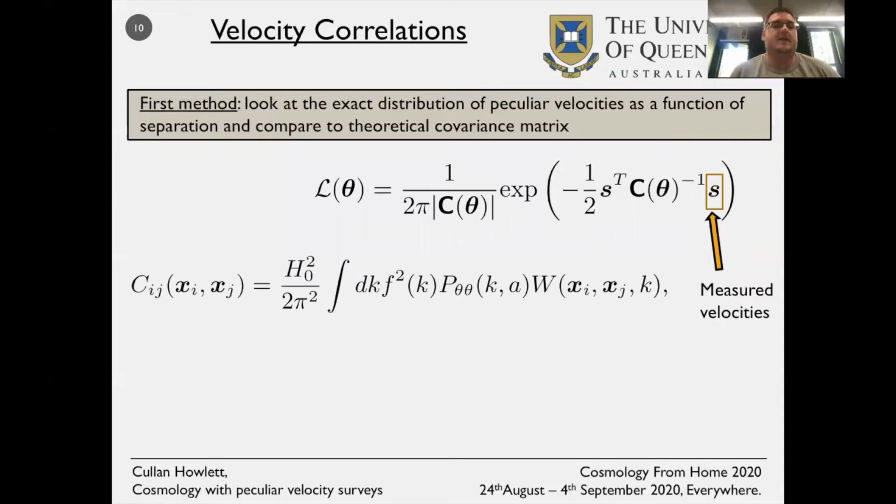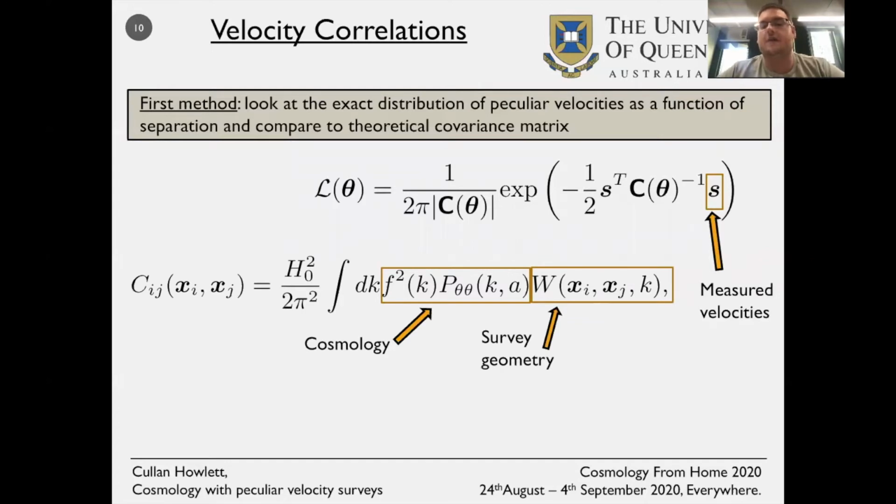If you do the maths, you can write down this covariance matrix, and so the covariance between two galaxies at positions xi and xj as a function of your cosmological parameters that you're interested in, and in particular there's an f in here, which is the growth rate of structure, and also the survey geometry, or rather the relative positions of all the galaxies in your survey.